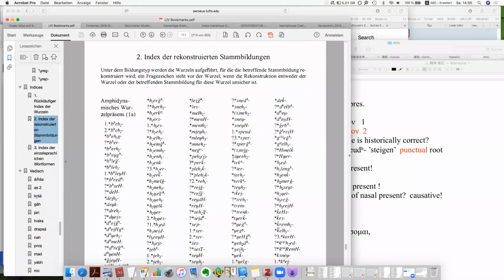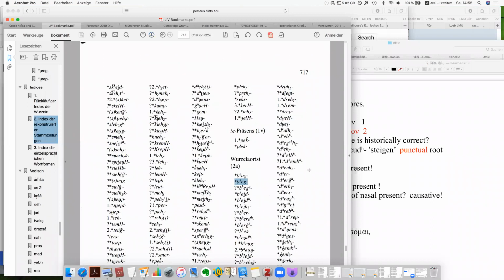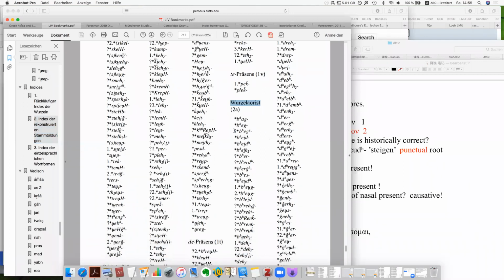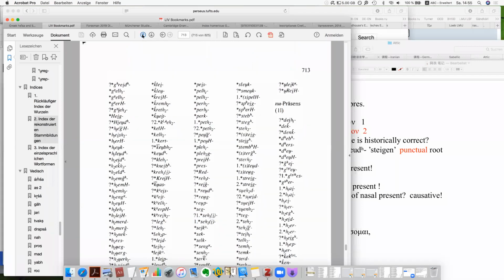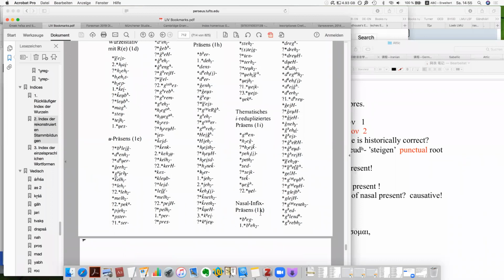There's an index of all the reconstructed forms. So you first move to this part, this section which lists all the root aorists, and you note down all the roots, and then check the roots with this section, the section of nasal presents, right?